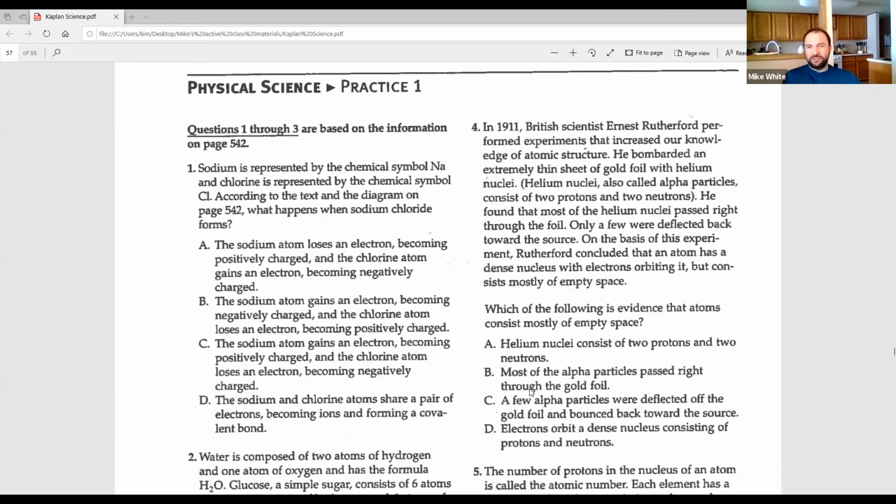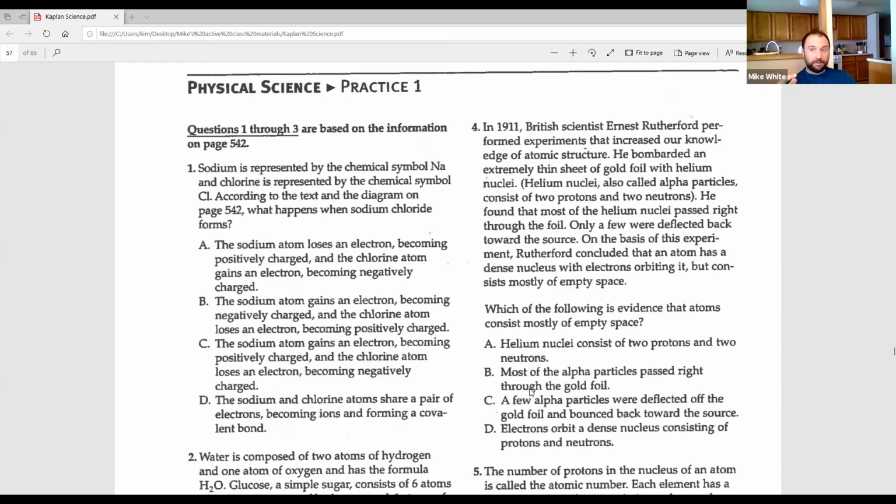Oh, now you're changing your mind, I see. Now you think C. Okay, so D, and I'm not sure why the switch, but you're on the right track, is because D, just like A, is a true statement. So D, electrons orbit a dense nucleus consisting of protons and neutrons. Just like A, that's true.